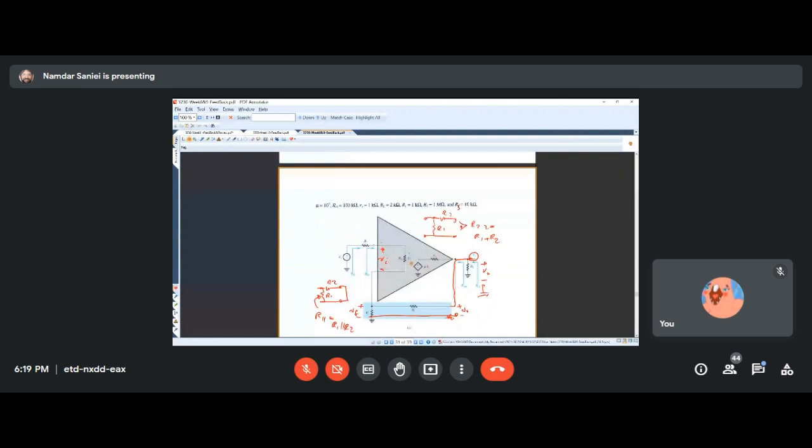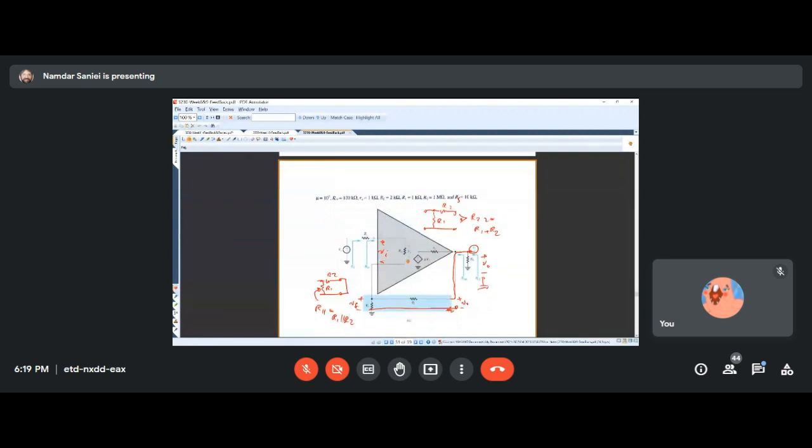Then we went into an example, again, the old friend, the non-inverting op-amp amplifier. And well, we first identified where the loop is, what is the feedback network, and then from that we had to find R11 and R22.